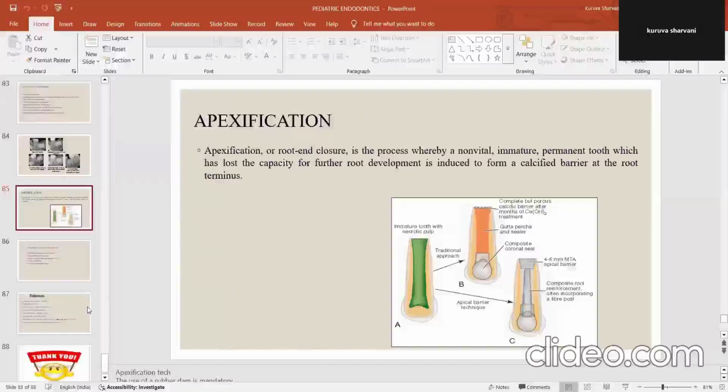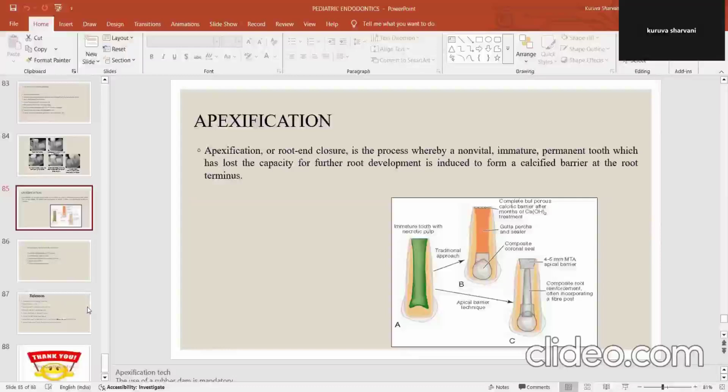After that, we are going to check the root end formation. And there is one of the criteria which you are going to use in apexification. That is Frank's criteria, which includes the different stages of root formation in apexification.